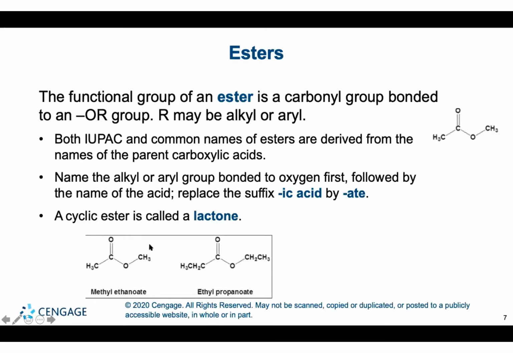This would be your alkyl group that is going to be written before your longest chain. So here is the methyl, and I have two carbons in the longest chain. It's going to be methyl ethanoate. When you have an ester, you end up with oate.